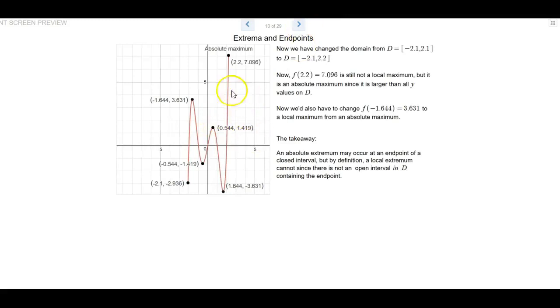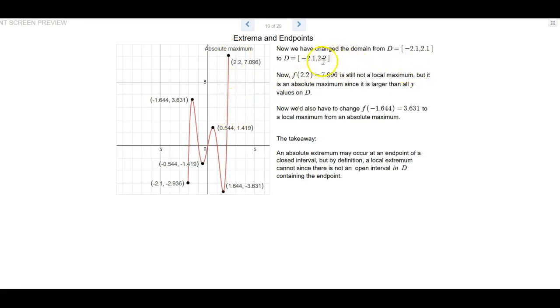Now let's change that function a little bit that we've been looking at. Before, the domain was minus 2.1 to 2.1. And now I've changed it to minus 2.1 to 2.2. So now my endpoint is higher than all the other points in the graph. So I have a new absolute maximum.